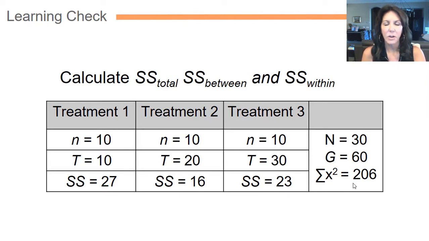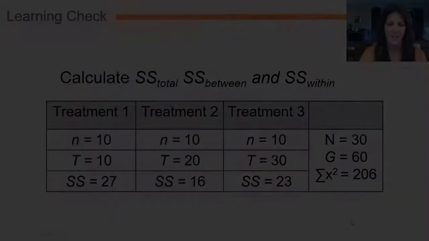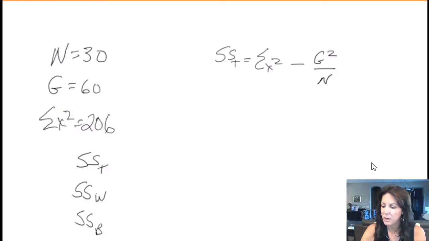And in ANOVA, it's easier to use the computational formula. I'm going to go over it with you, so don't worry. But just know that when you're getting everything ready, you also need to take each score, square it, and then sum it up. Now, you don't have the scores here, so you couldn't do that right now. I've provided it for you. In this study, the sum of all the squared scores is 206. We have everything we need here to figure out our sums of squares total, within, and between.